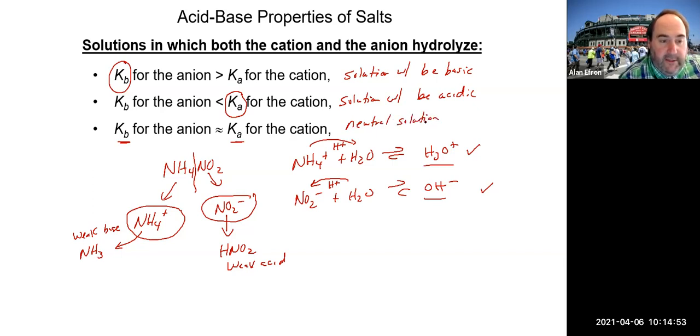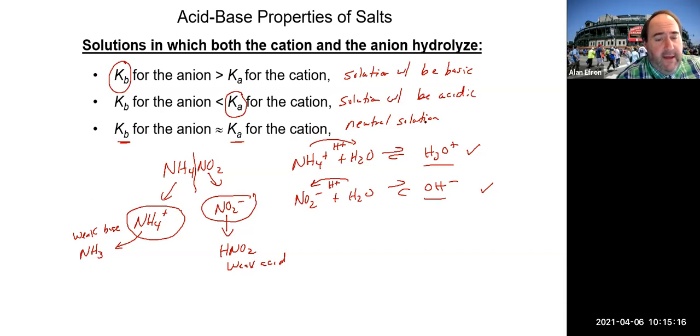So in a situation where perhaps you might come across a salt where both of them will go through hydrolysis, what you want to do is really compare the Ka value for the cation versus the Kb value for the anion. And again, whichever one is larger, you would basically do that calculation.